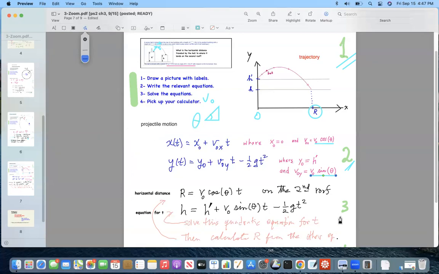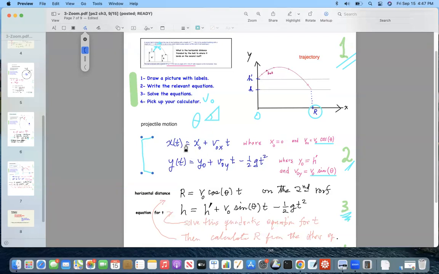Now, step 3 is to use algebra. What I have here is 2 equations with 2 unknowns. What are the unknowns? The unknowns are t, the time when the ball hits the roof, the second roof, and r, the distance that it's traveled.